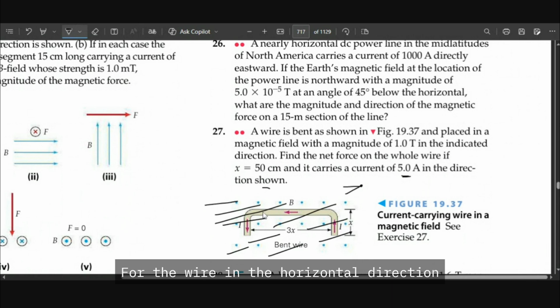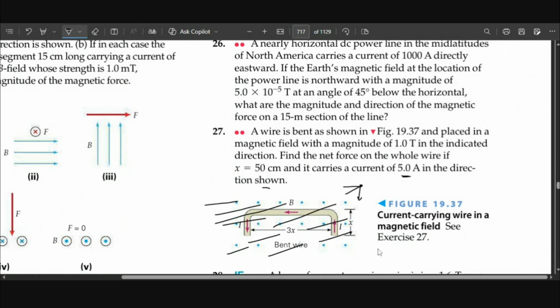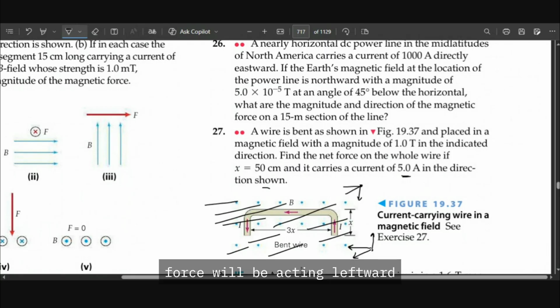For the wire, in the horizontal direction, force is acting in downward direction. For the wire sideways, current is going upward, field is acting inward, force will be acting leftward. For this section, current is going downward, field is going inward, force will be acting in right direction.